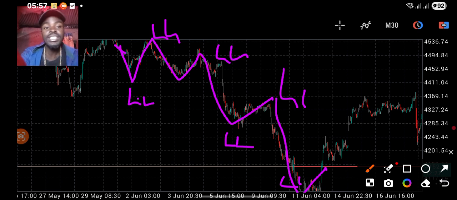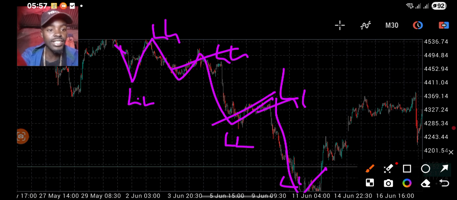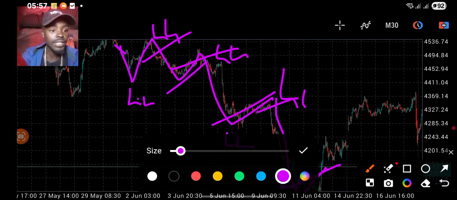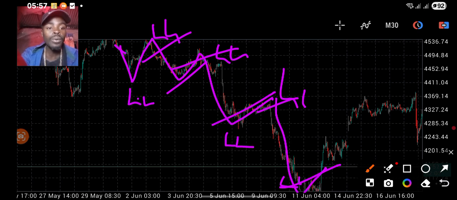But inside this run, we need to spot what we call an internal structure. Let me lower the writings and we look at what I'm saying, guys. Let me take this one. Inside this runner, there are these small breaks of structure.